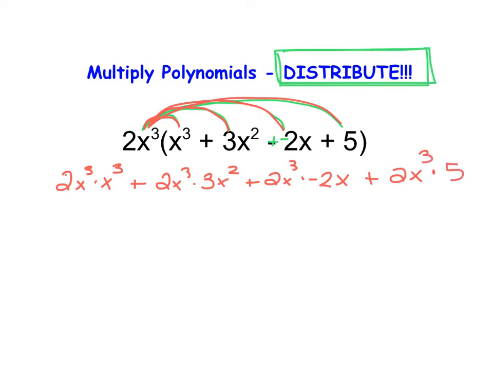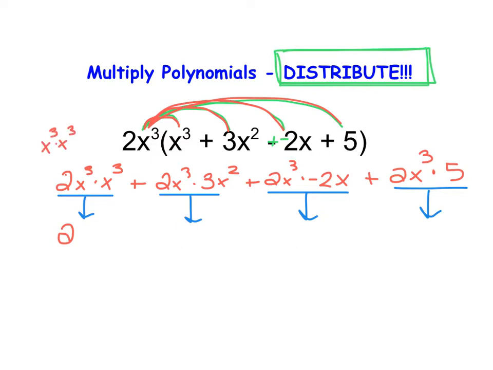So here we've written out each little component, and all we're going to do is take each term and multiply it out using what we know about multiplying terms that contain variables with exponents. We talked about these when we talked about exponent properties, so we're going to apply our knowledge here. Now in this first term, I notice that 2 is my only number, and then I have x to the third times x to the third.